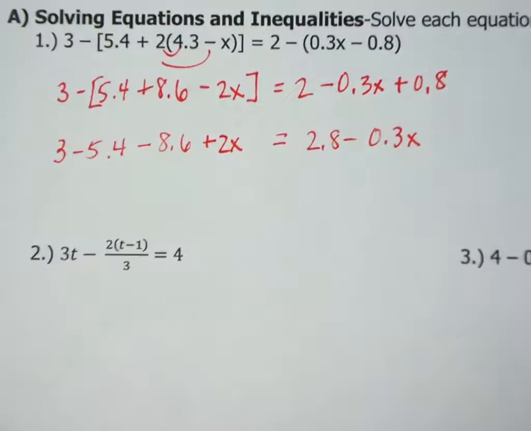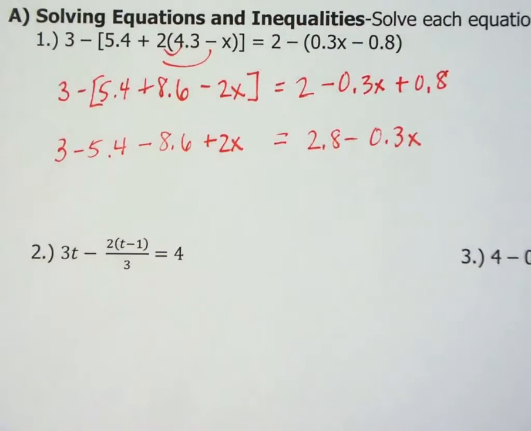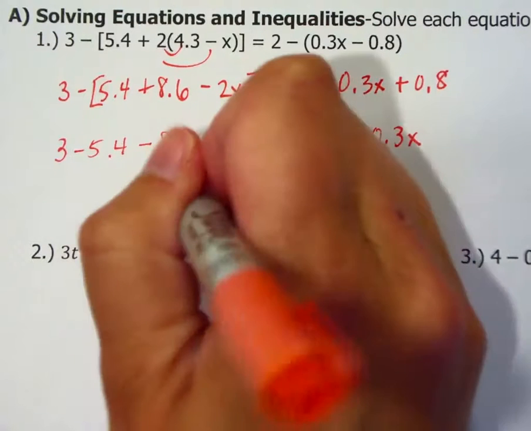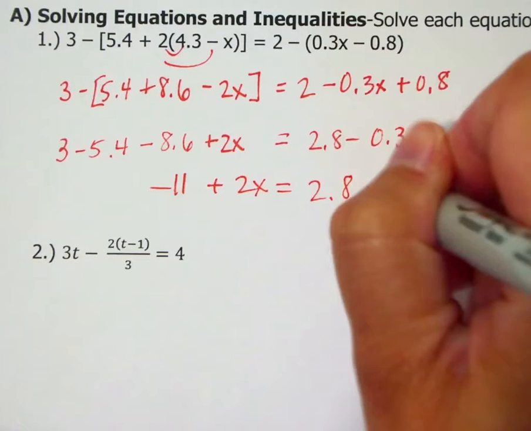I have a couple of like terms here with the 3, negative 5.4, negative 8.6. So 3 minus 5.4 minus 8.6 gives me a negative 11 plus 2x equals our right-hand side.